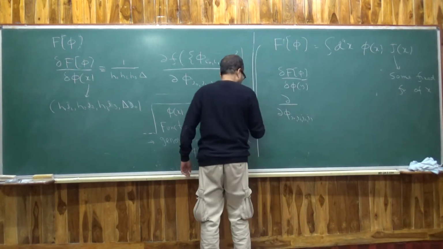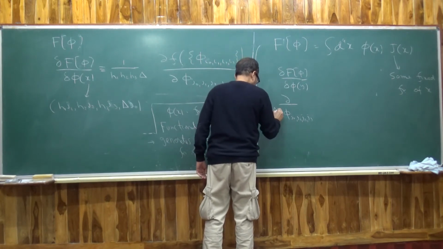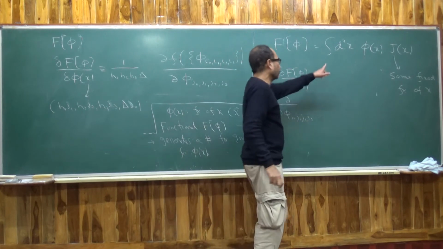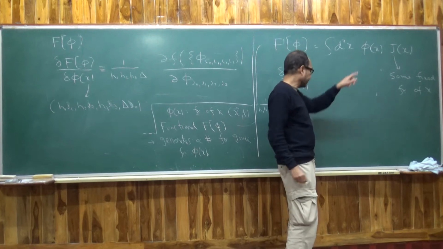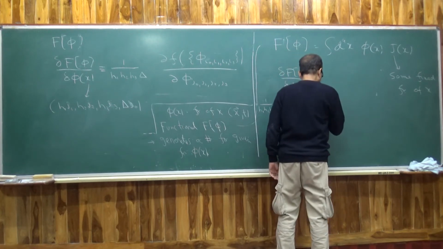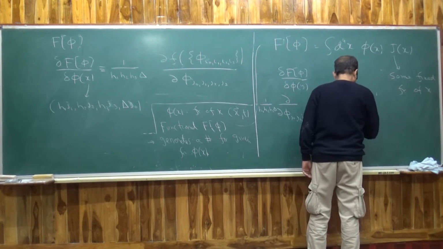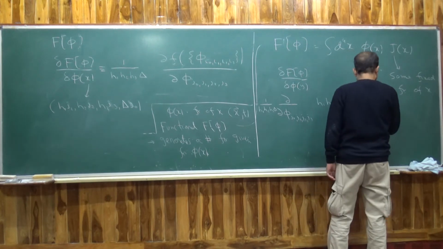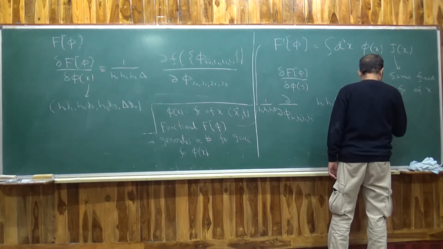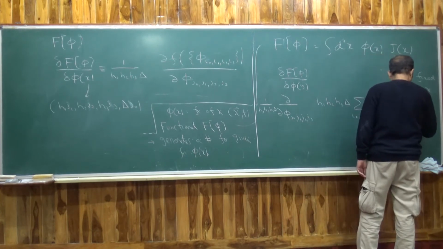Well, I should put the normalization 1 over h1, h2, h3 delta. Integral you have to write as sum, right? So we put h1, h2, h3 delta, sum over I0, I1, I2, I3, phi I0, I1, I2, I3, g I0, I1, I2, I3.